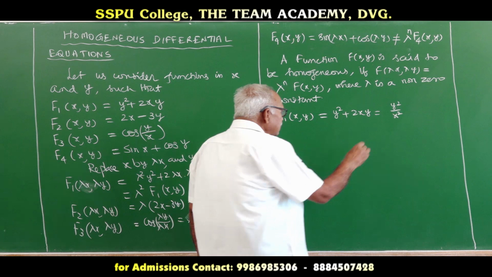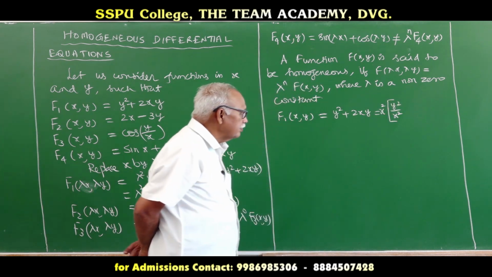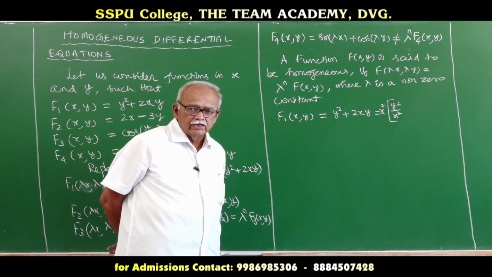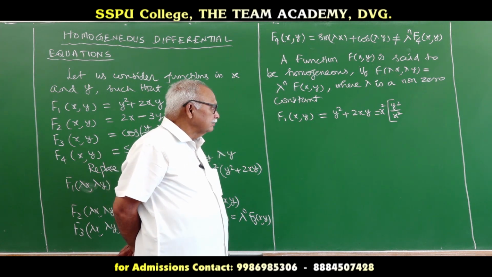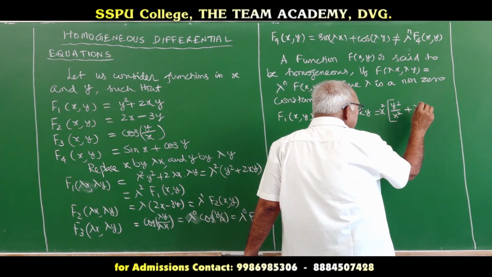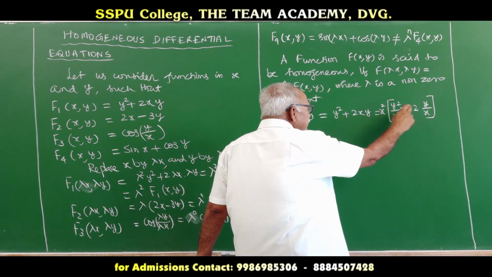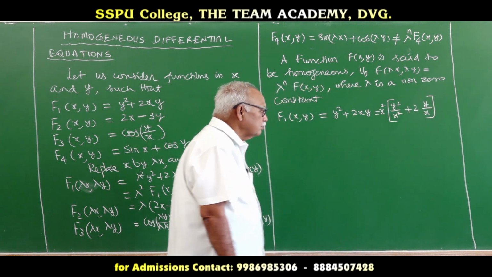So, for this, what I have to do? I have to multiply. I can write this y square term as x square into y square by x square plus this can be written as 2 into y by x. You see, when you multiply with x square, you will get 2xy.